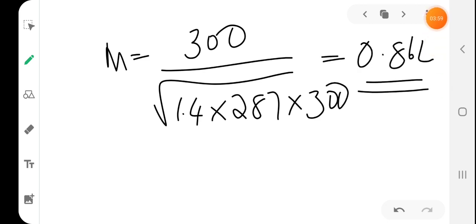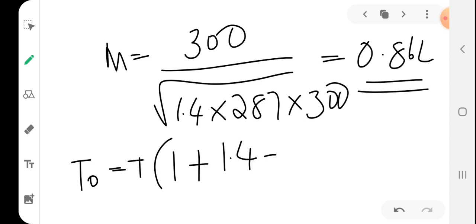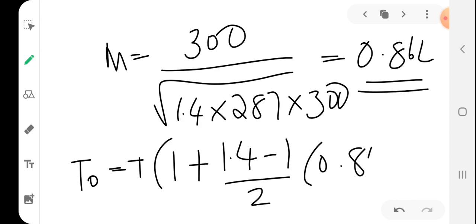Okay, students, now T0 is T into 1 plus 1.4 minus 1 by 2 into 0.864 whole square. So here T is nothing but, how much is T?